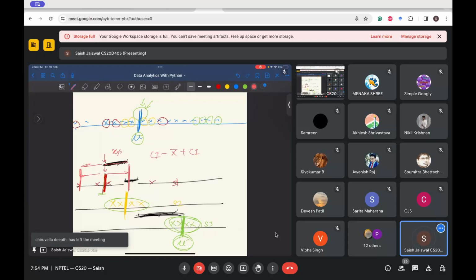So the original population mean will lie somewhere between these, and this thing over here is generally taken as the standard error.